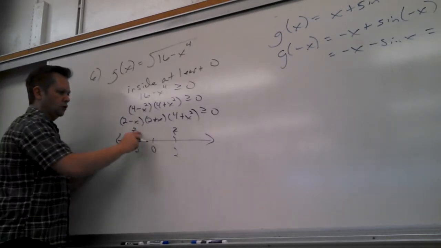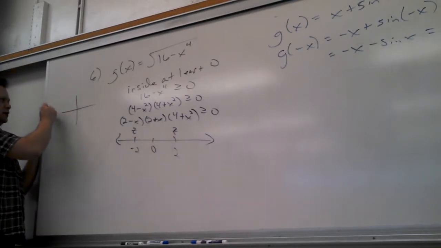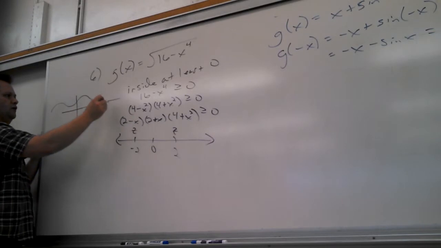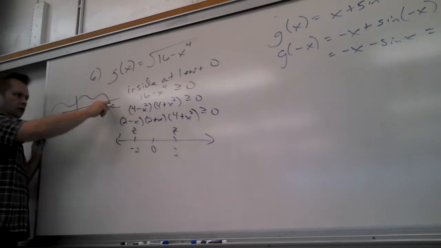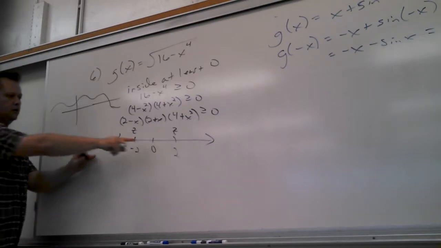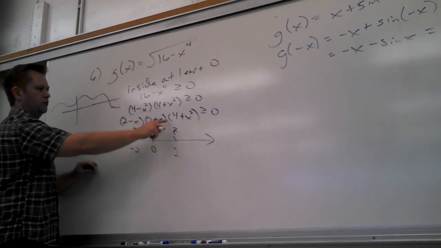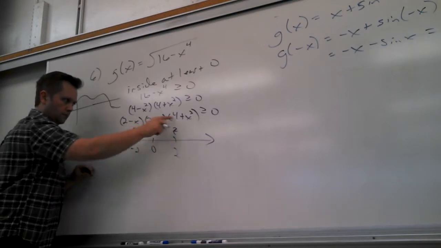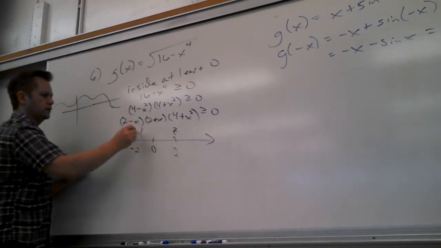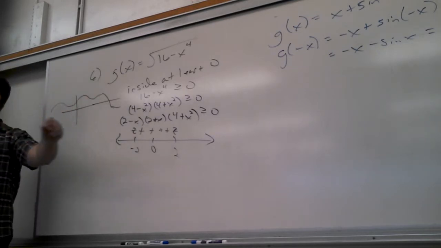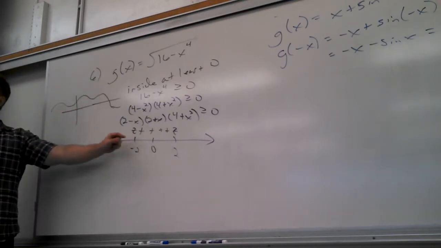So in between, now in general, if you have a continuous function, the only way it can change from positive to negative is if it goes through 0. Right? So if I put 0 in, what kind of number do I get? Positive, good. That means it's positive everywhere in there, because the only way it can change signs is if it goes through 0.